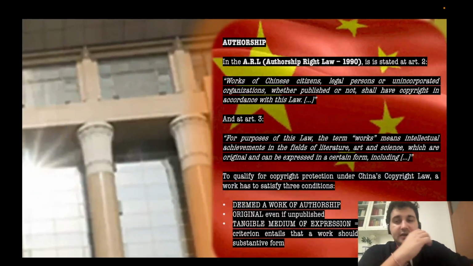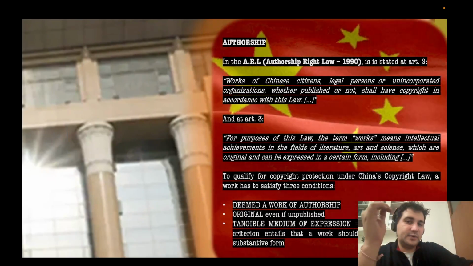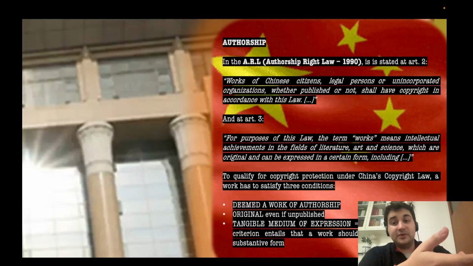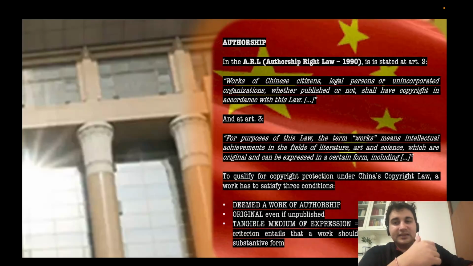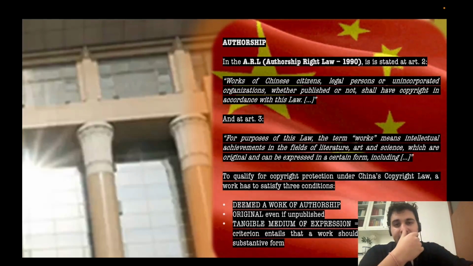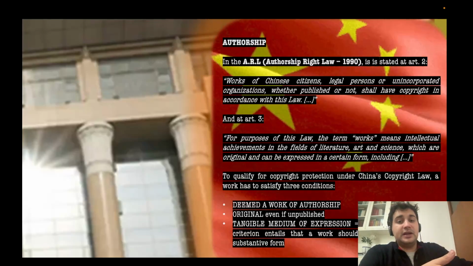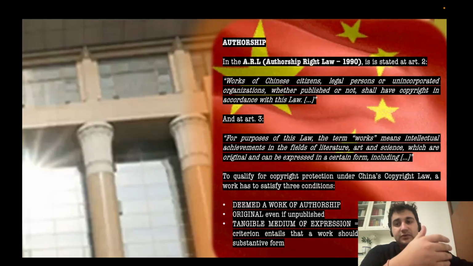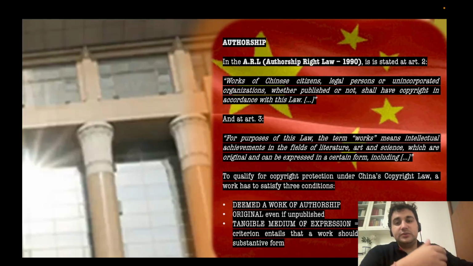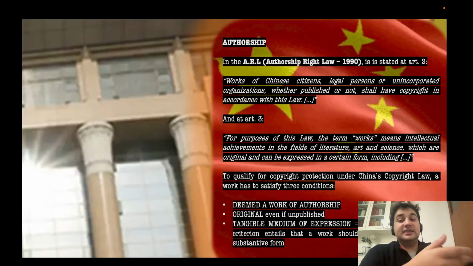Chinese law is a little bit simpler because we have the Copyright Law of 1990, which is their copyright standard, that at Article 2 defines the subject matter of copyright as works of Chinese citizens, legal persons or unincorporated organizations, whether published or not, that hence have copyright.